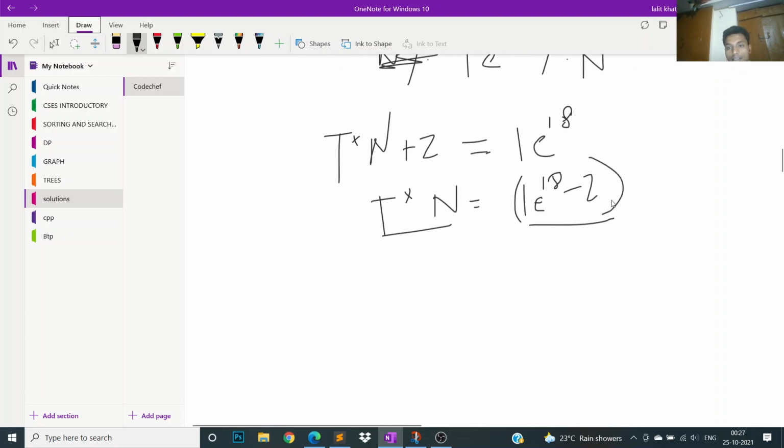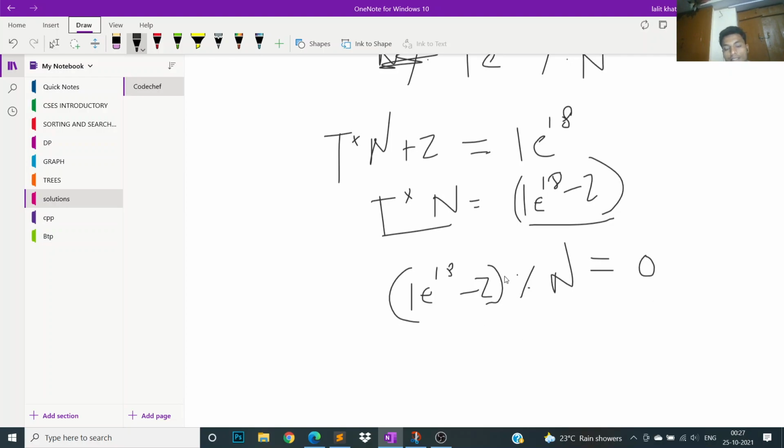And 10 to the power 18 minus z, remainder by n, will always give me 0, because it is a multiple of n.